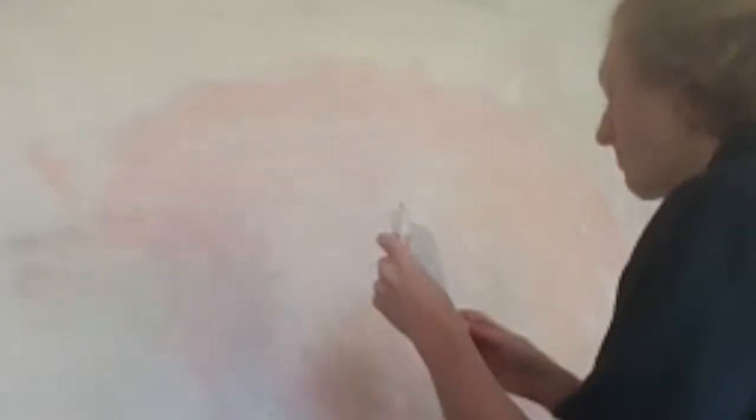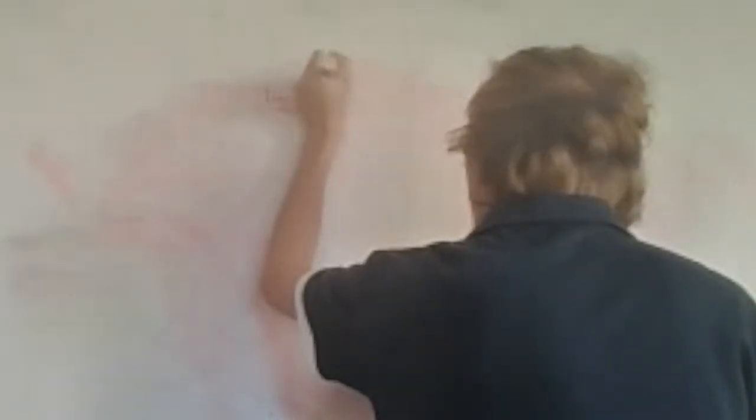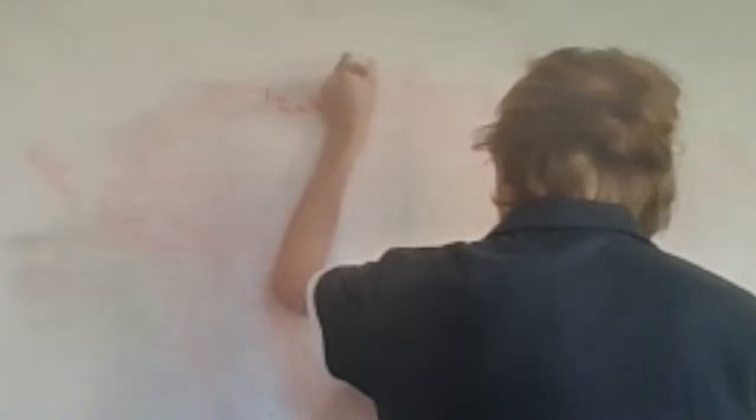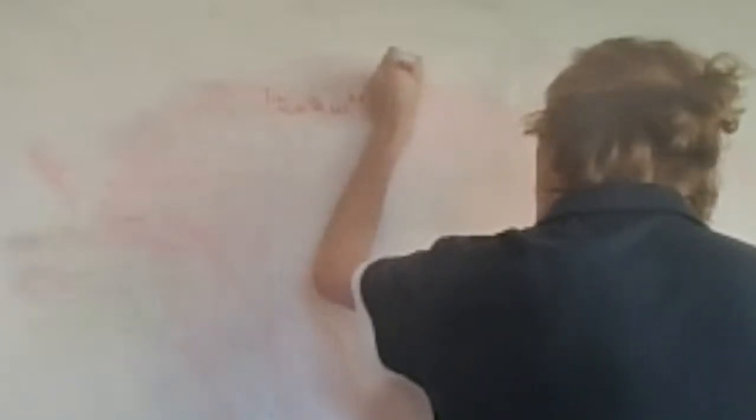Fine. All right, over here. On the limit as (x, y) goes to (1, 2) of 7x cubed minus x squared y squared.